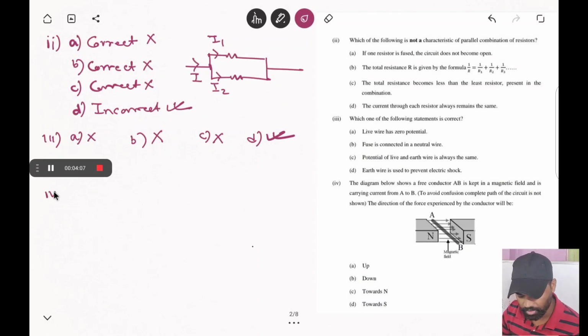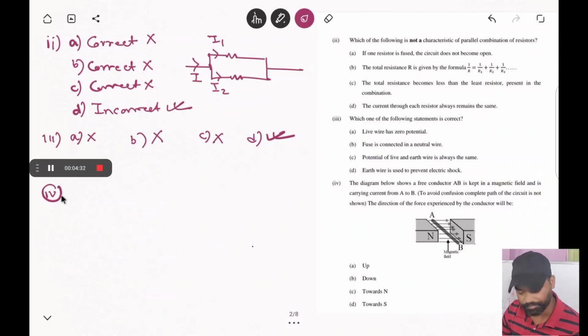Done. Look at number 4. The diagram below shows a free conductor AB kept in a magnetic field and carrying current from A to B. So this is the direction of current, from A to B. To avoid confusion, the complete part of the circuit is not shown. The direction of the force experienced by the conductor will be up, down, towards north, or towards south.